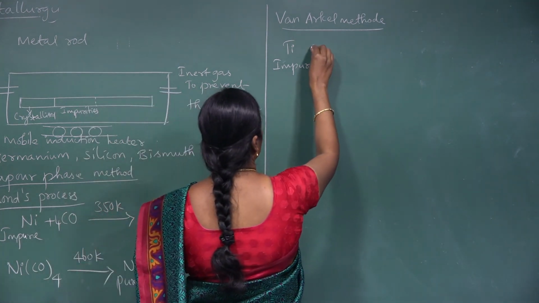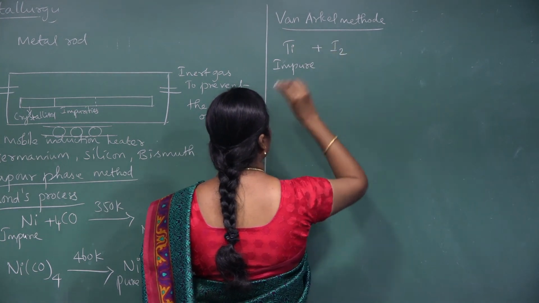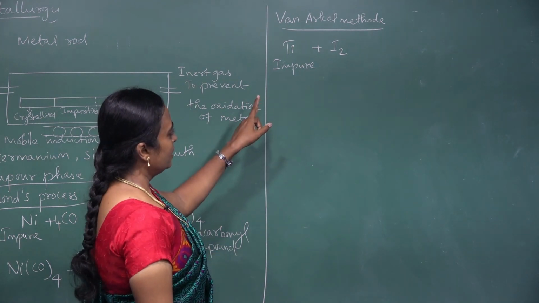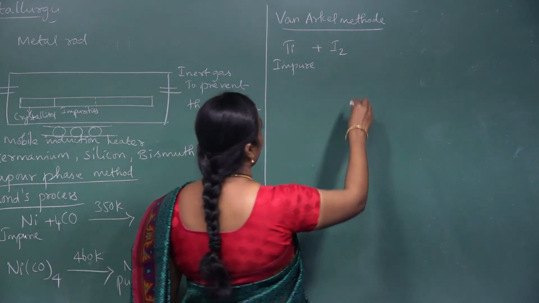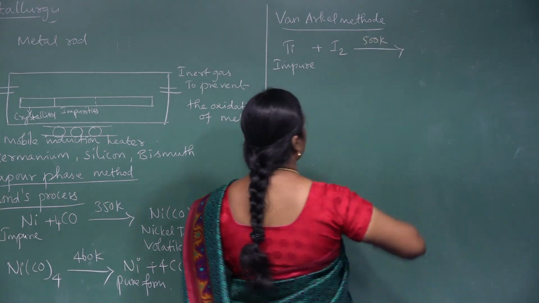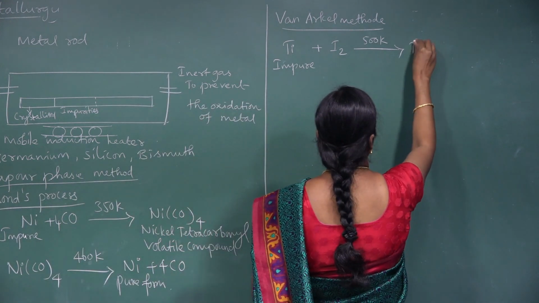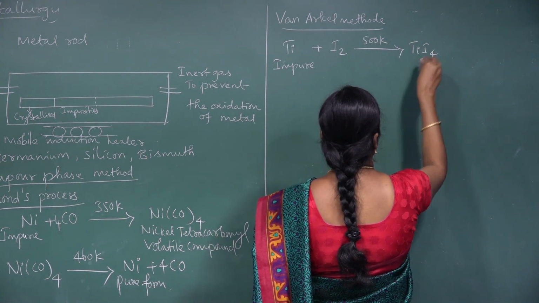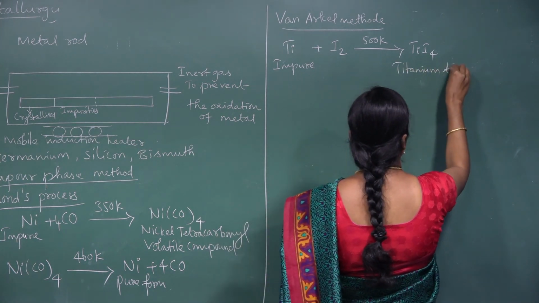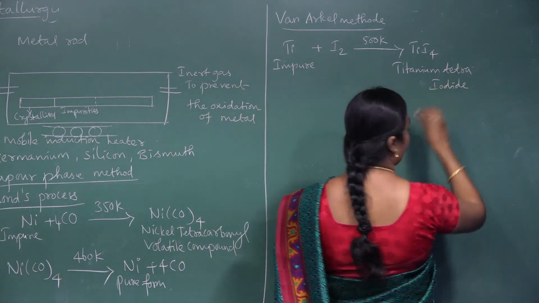The titanium is passed into an evacuated vessel containing iodine. At a temperature of 500 Kelvin, there will be volatile compound formation, titanium tetraiodide, TiI4. This is a volatile compound.